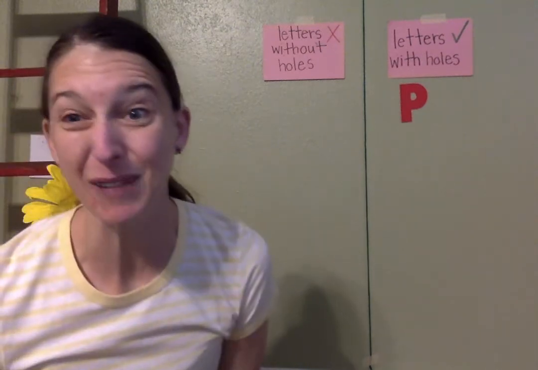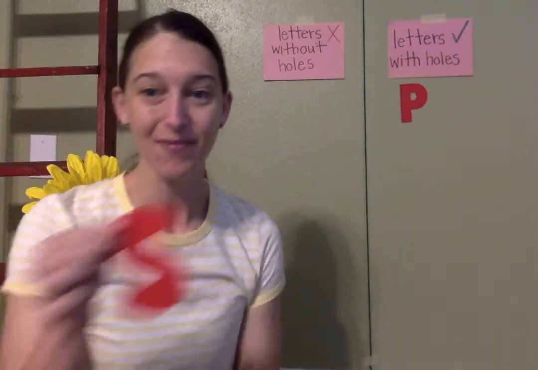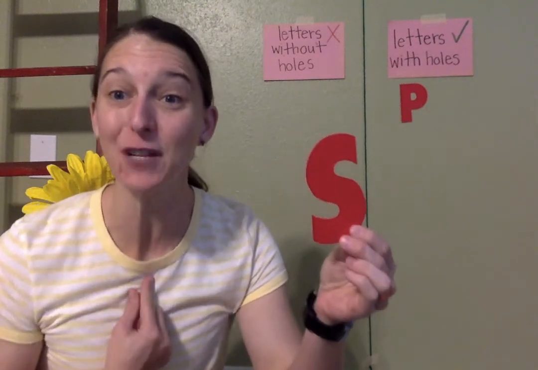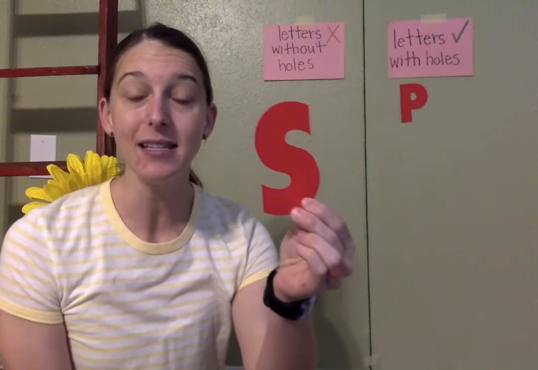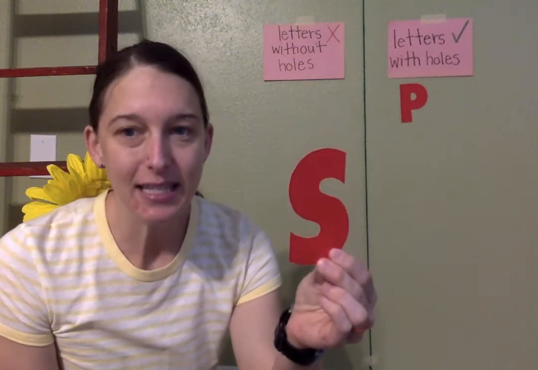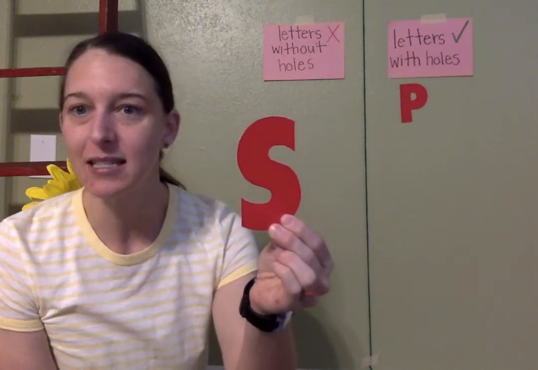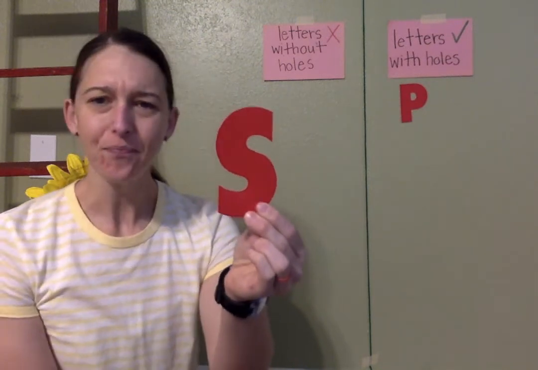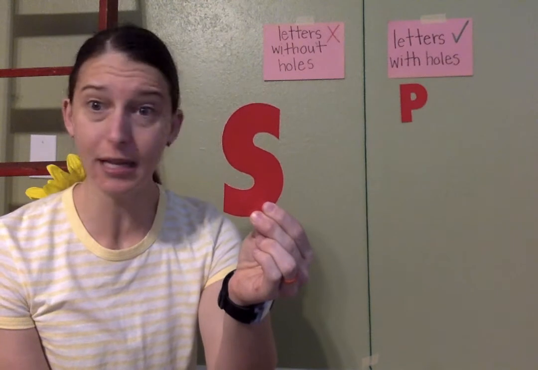This letter is a really special letter to me. This letter is S. S for Miss Sydney, S for Sabrine. S says s, kind of like a snake. Now I'm looking at letter S, and I don't see a hole.